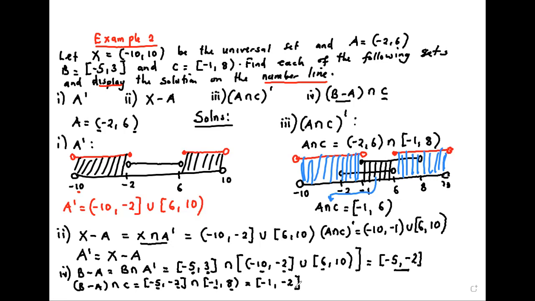So if we use this method, you present the answer on the number line. So this is 10, this is -10. The universal first, and then now you bring the numbers, -1 to -2.